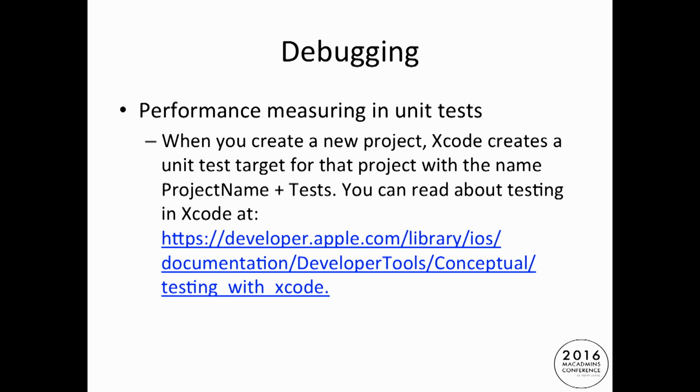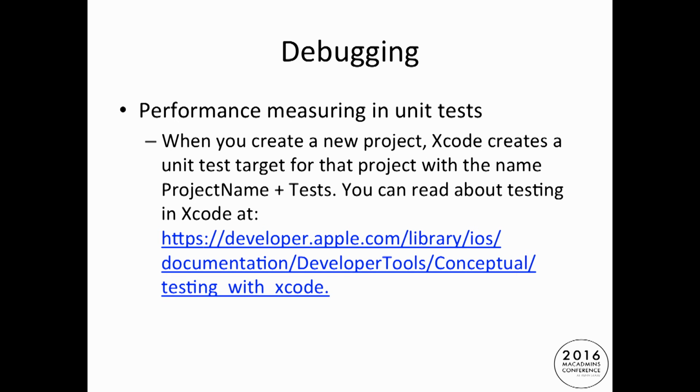Performance: Xcode creates unit test targets. And again, you could read what happens to that. Developer.com, developer tools, testing with Xcode. So how many people have put print lines or print statements in their code to find out what's happening?